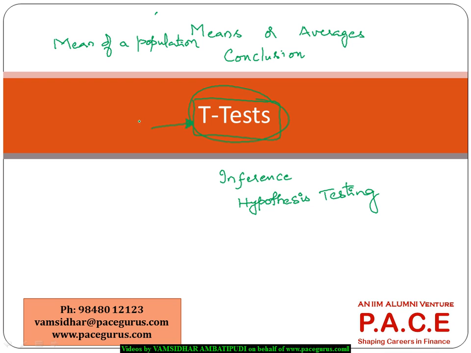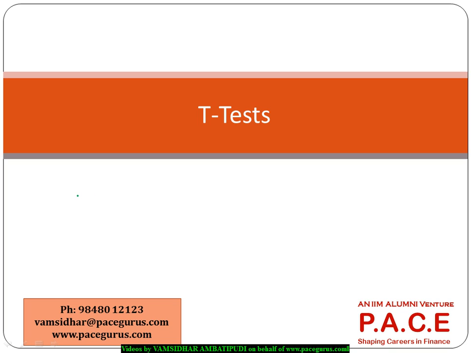Some of the scenarios could be: test whether the average height of the males is greater than the average height of the females, or test whether the average height of an Indian male is equal to 65 inches or is significantly greater than 65 inches, or check whether the average weights of people have decreased before and after the treatment or after the medication.